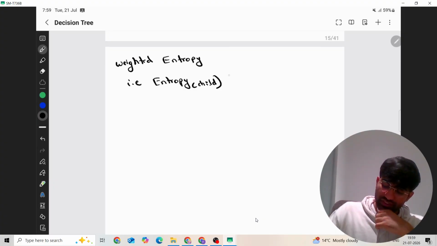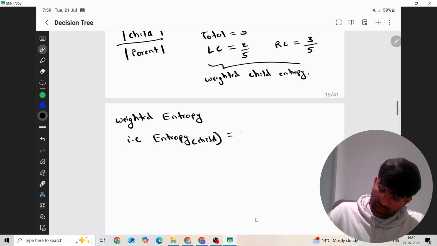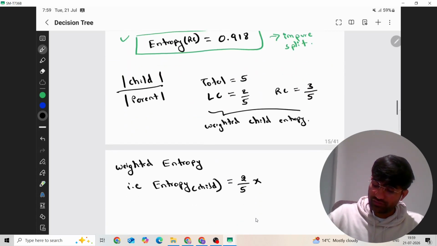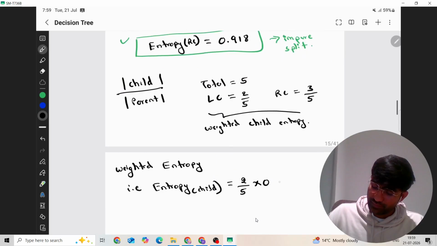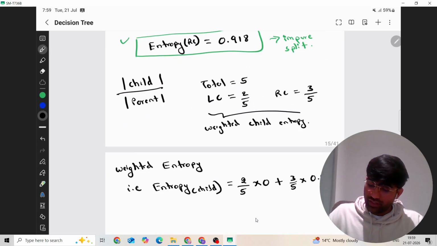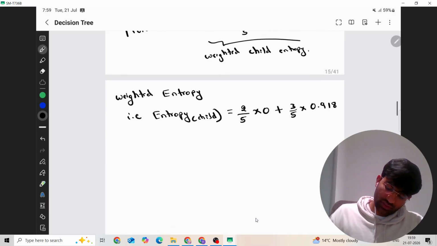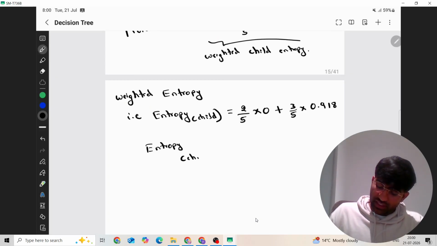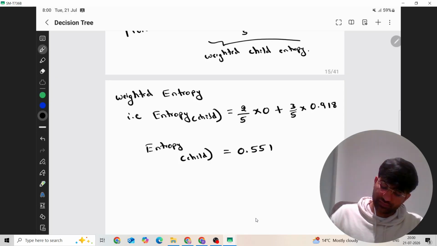Entropy of the child will be 2 by 5 into the entropy of the left child, which is 0, plus 3 by 5 into the entropy of the right child, 0.918. So the entropy of the child is 0.551. This is the entropy of the child node.